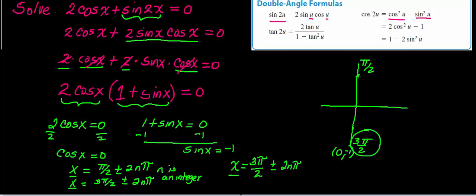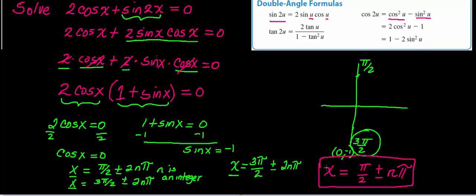So I can go around every pi and I will find the solution to this equation. So I can write this condensed solution as the following. I can write x is equal to pi halves plus minus n pi. And this solution will take care of all these solutions that I had written before.